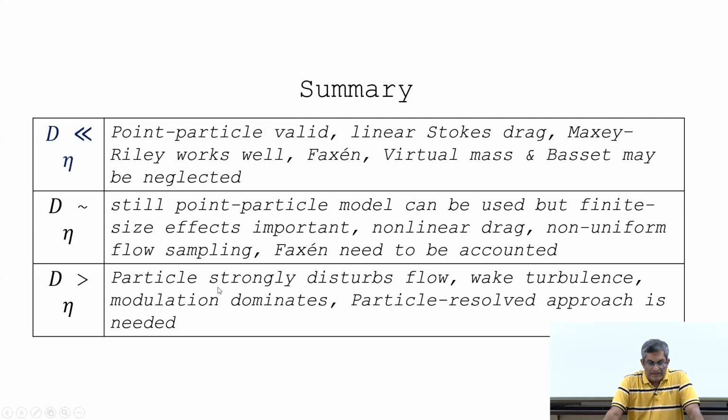So, imagine now considering other terms in the Maxey-Riley equations, not only the Stokes drag and gravity term, but you can still use the Maxey-Riley model. But once the particle size is larger than the Kolmogorov scale, then the particle strongly disturbs the flow. The wake and turbulence modulation dominate and a particle-resolved approach becomes essential.